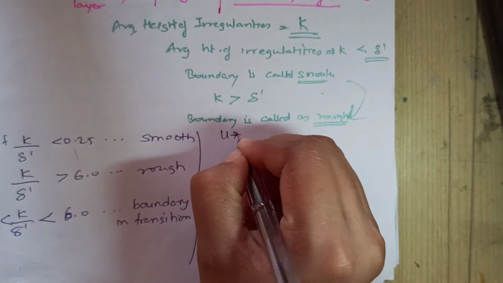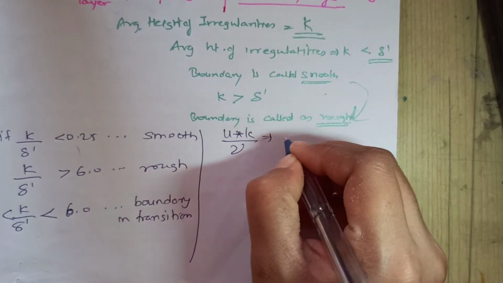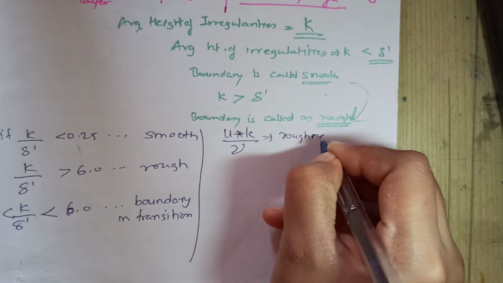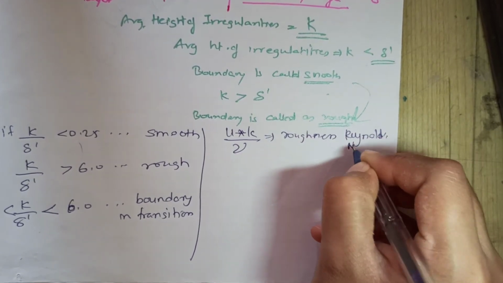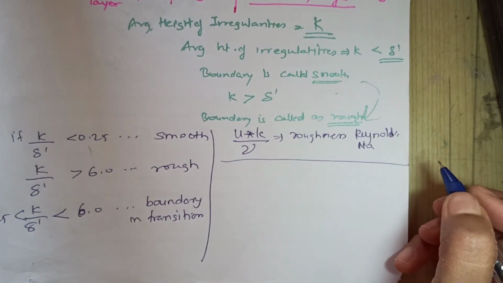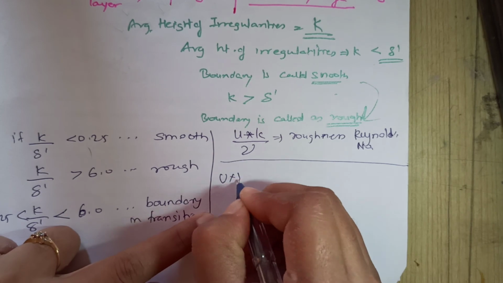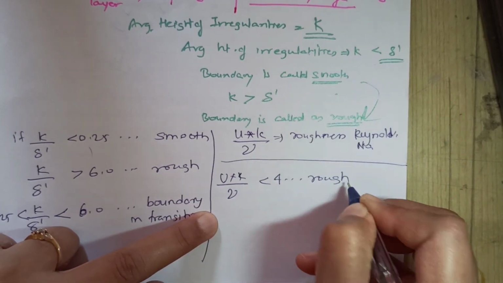Okay, now U into K upon viscosity is indicated as roughness Reynolds number. Okay, so in terms of this roughness Reynolds number, we are going to classify the boundary. If U into K upon viscosity is less than 4, it is smooth boundary.